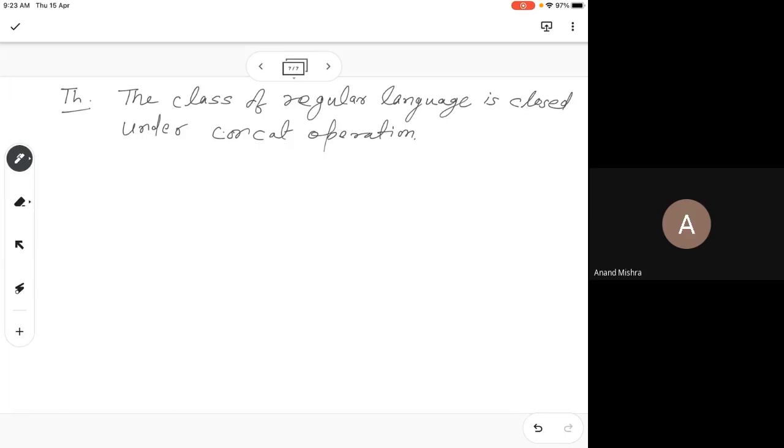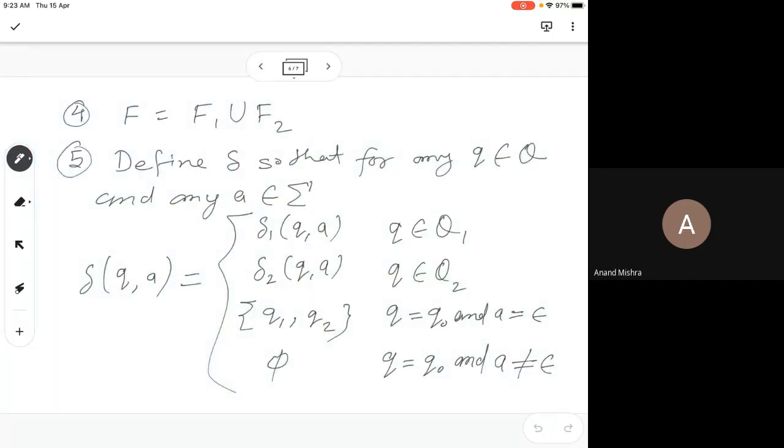Susant has some doubt. Let's first clarify that. What are you saying, Susant? It should be Q1, Q2, and the states with epsilon transitions from Q1, Q2. Yeah, but we don't have to show all of them, right? Because they can indirectly come. So while showing, we can just show that Q1 union Q2 is what you are going to from Q, and then you can use this if there is some null transition.